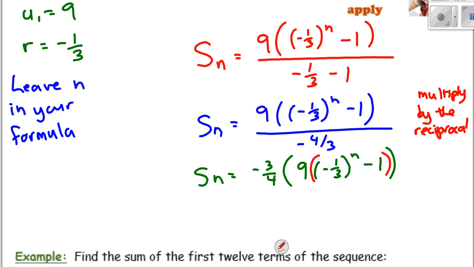Wait, can you show how you did it then? Yeah. So what I've done is I've rewritten the numerator, and I've multiplied the entire numerator by the reciprocal of -4/3. So dividing by 4/3 is the same as timesing all of this by -3/4. This all divided by that is the same as that multiplied by the reciprocal.